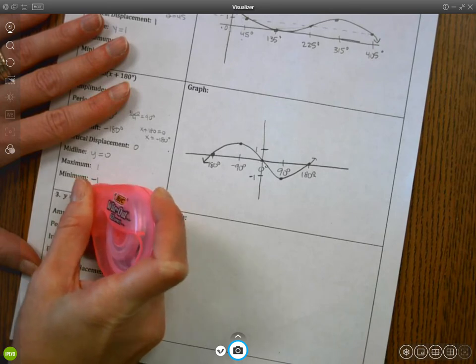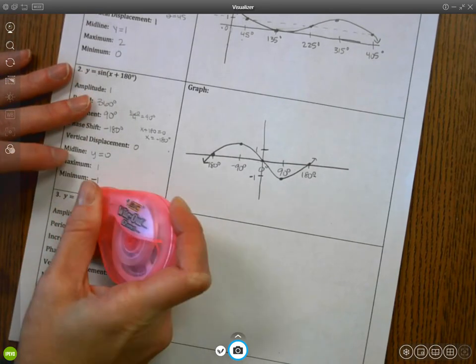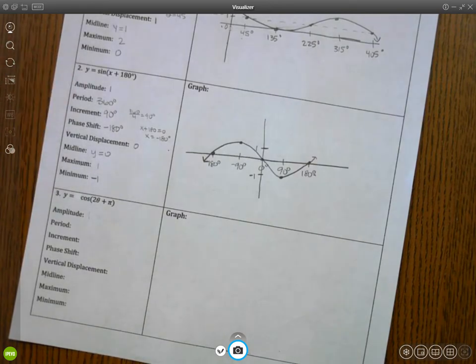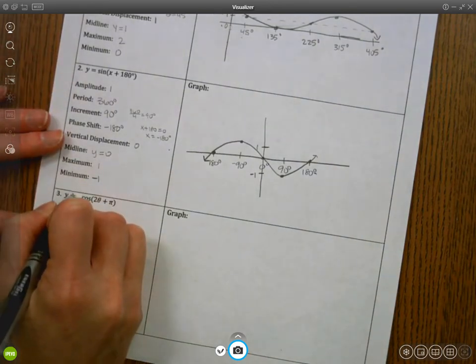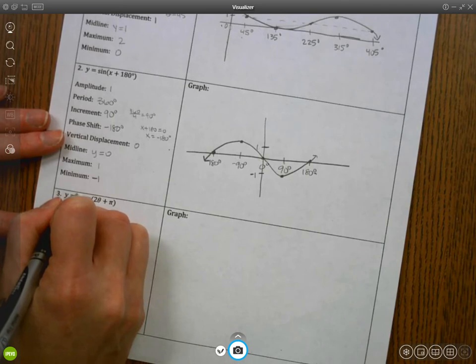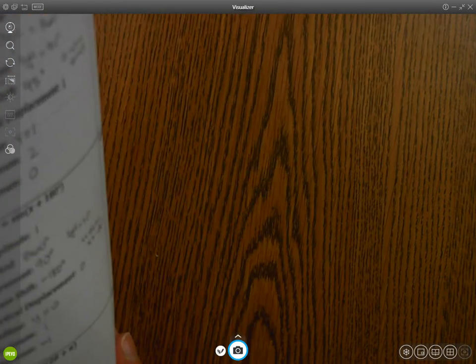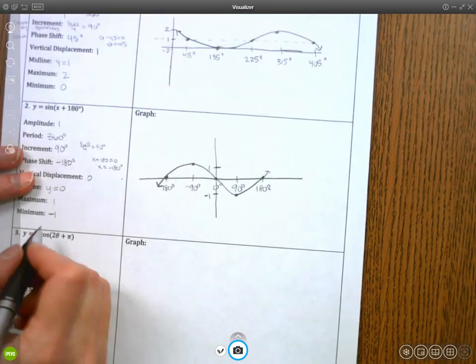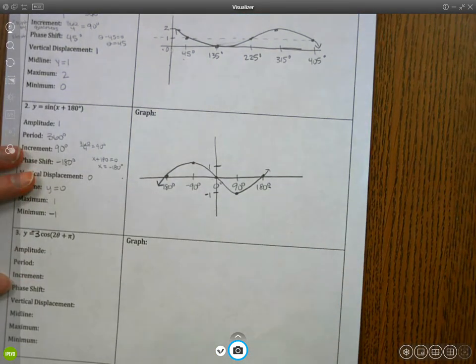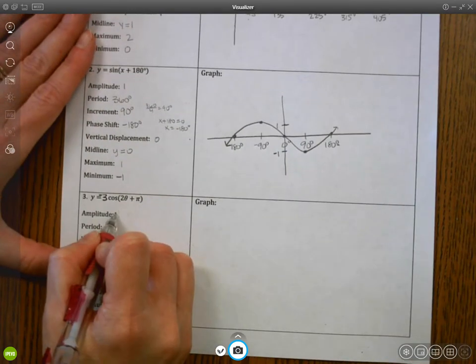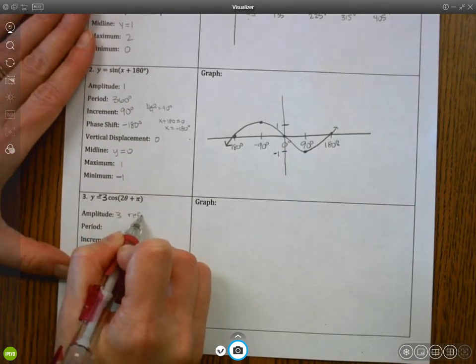My whiteout doesn't want to work. There it goes. Let's make it negative because there's not another negative. We want it to say negative 3 instead of just negative cosine. So that means our amplitude is 3 and it's reflected.